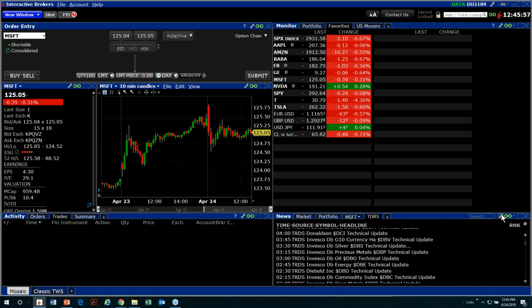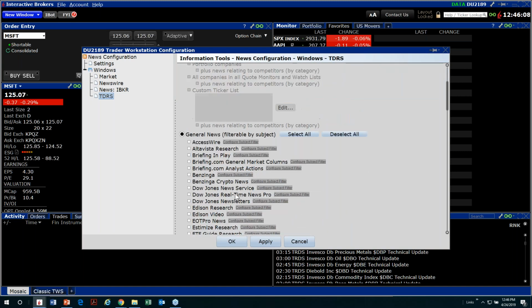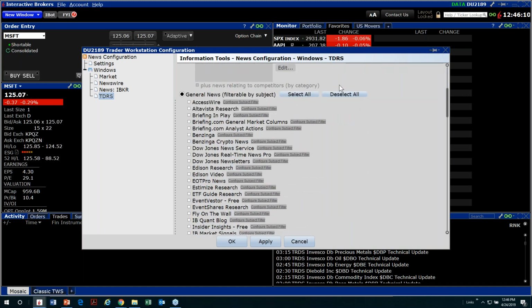Once you've created that window, I'm going to go into global configuration settings and show you that underneath the Newswire service, general news, you can filter by Stock Trader Daily. Now, if you do have access, you'll find that many of these are checked off that are available at no additional charge. So simply deselect any of those.